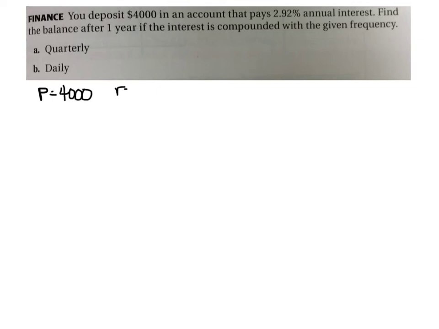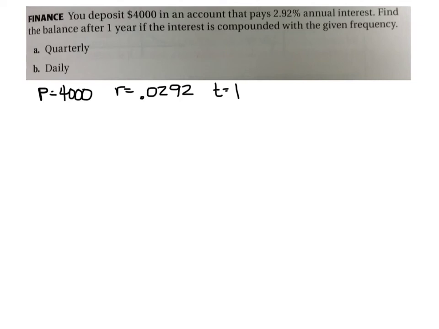All right, what's the rate? The rate is 2.92%. So what's that as a decimal? 0.0292. Okay, remember that we have to move the decimal twice. The time that we're looking at is a year. And the N is going to change between part A and part B.